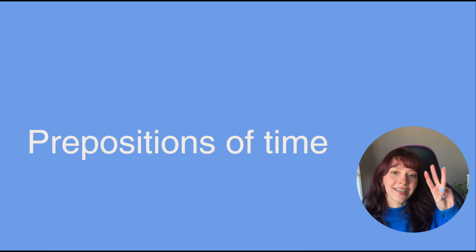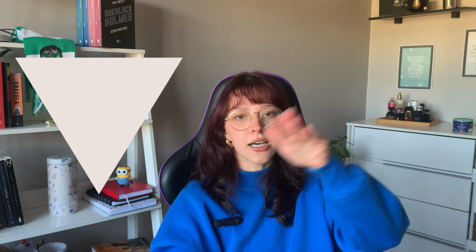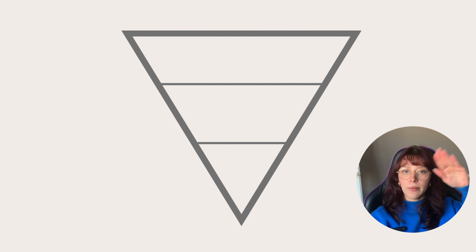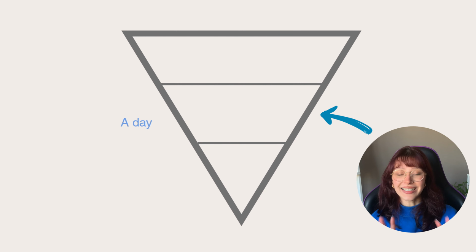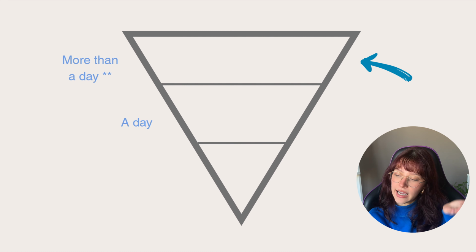In, on, and at as prepositions of time. Think about a normal triangle, but upside down. So this is what I want you to imagine. A triangle upside down. Now, what is in the middle of the triangle is referred to as a day. What is more than a day is up.